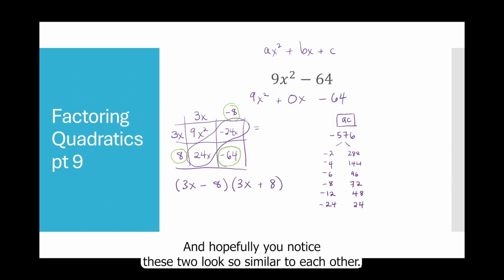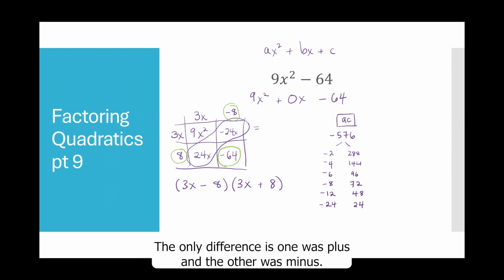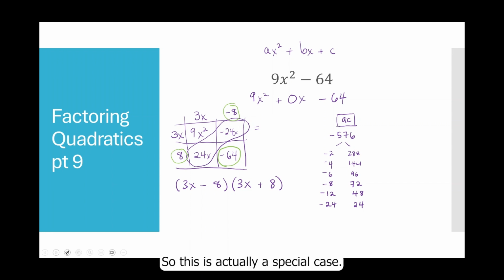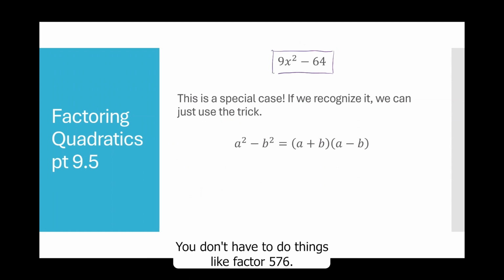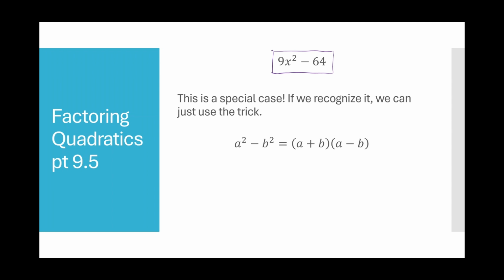And hopefully you notice these two look so similar to each other. The only difference is one was plus and the other was minus. So this is actually a special case. If you recognize it in the expression, you don't have to do things like factor 576.